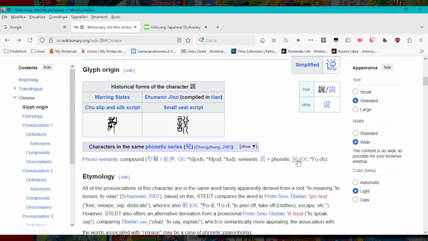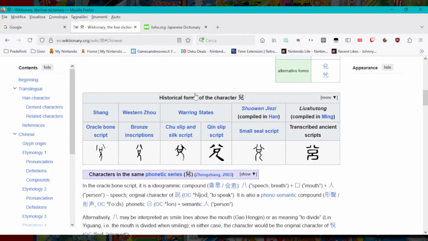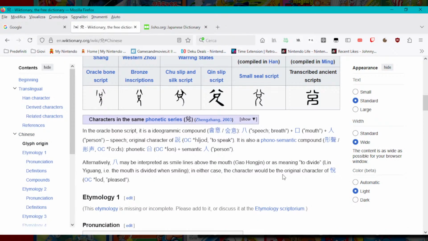And last but not least, we get this part, which works as the phonetic part for setsu. And it could be also a phonosemantic compound.